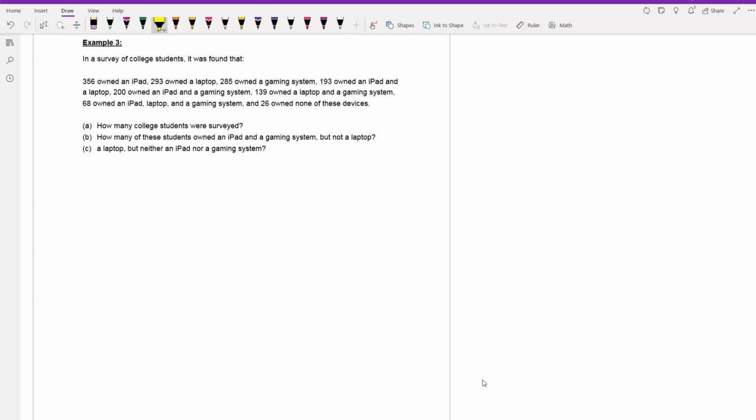Now in this part we have 356 on an iPad, 293 on laptop, 285 on gaming system, 193 on iPad and laptop, 200 on iPad and gaming system, 139 on laptop and gaming system, 68 on laptop, iPad, gaming system, 26 on none of these.